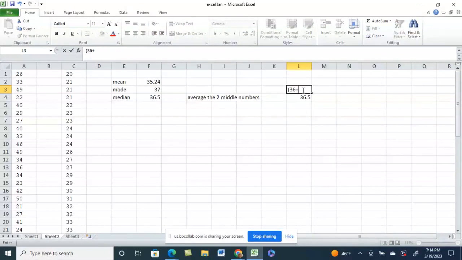So again, if you have an even number of numbers, you take the 2 middle numbers and you average them. If you have an odd number of numbers, there's just 1 middle number and you take that. So that's the median. And the median is used all the time for like house prices, median wage.